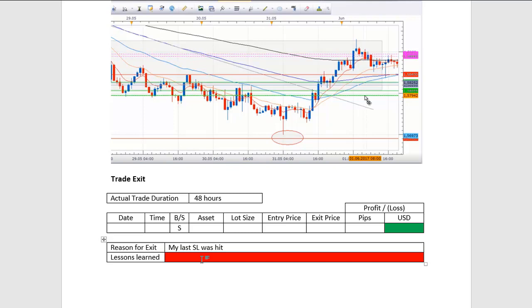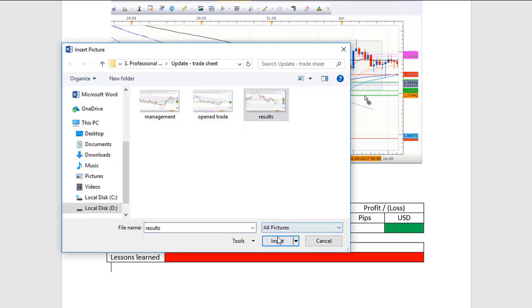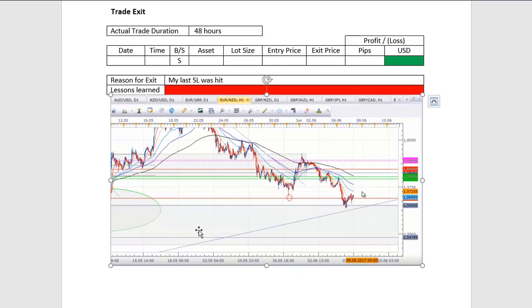Don't expect you will always make profits. Obviously, there will be losing trades, but if you have made a mistake, so here I will put the last picture as well, okay? We need to have the final picture, like what happened at the end of the day. This was what happened. We entered over here, we took some profits, stop loss was hit, and the price continued lower. So here you should put your mistake.